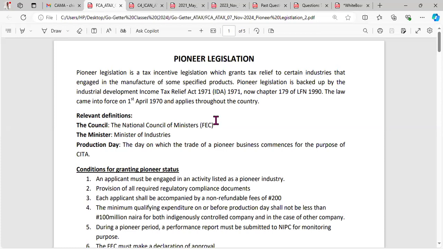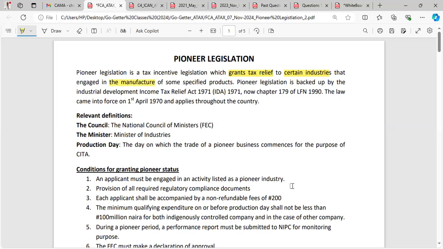So pioneer legislation is a tax incentive legislation which grants relief, tax relief, to certain industries. There are certain industries that this relief is granted to, not all industries. These industries will be engaged in manufacture.